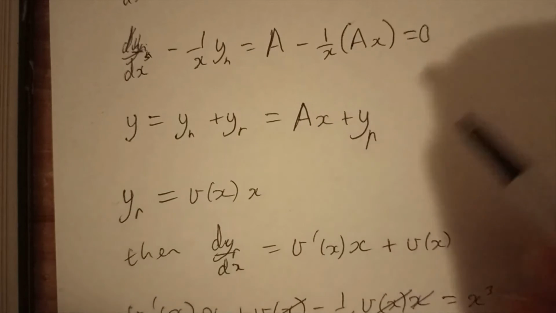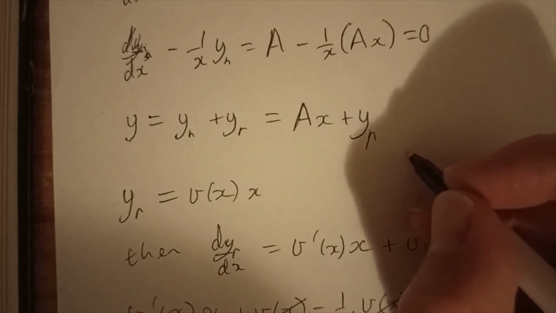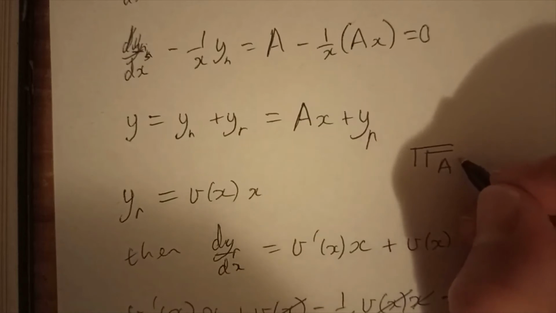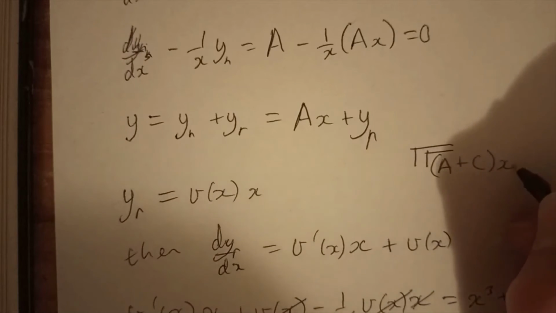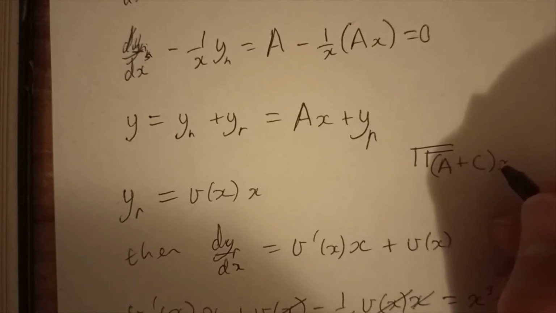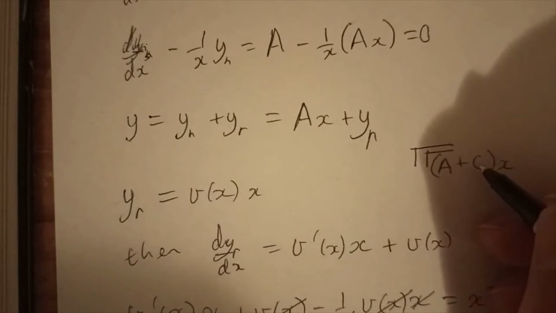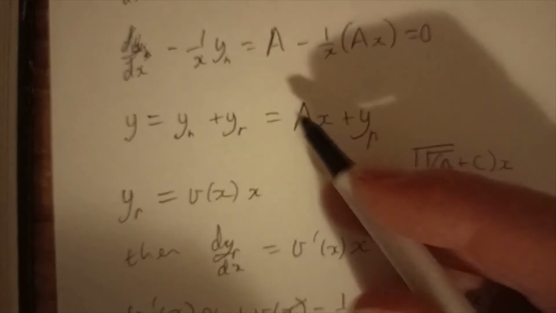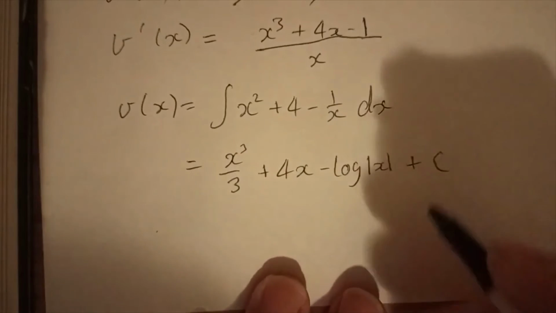So in other words, rather than having ax, we'd end up with having a plus c times x. But a plus c times x, some constants a and c, is still just some constant times x. So we might as well just stick with ax. Actually, I'll keep the c just to show you what I mean.